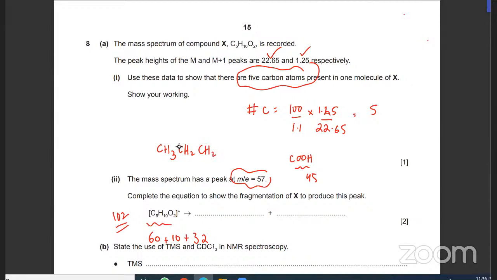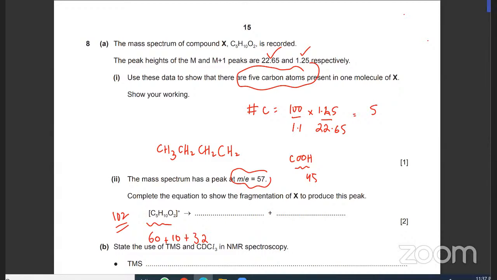It's 15 plus 12 plus 12, that's 24 plus 15, that's 39. In 39, if I add another CH2, that's 51, right? And that's 57. This is 57.